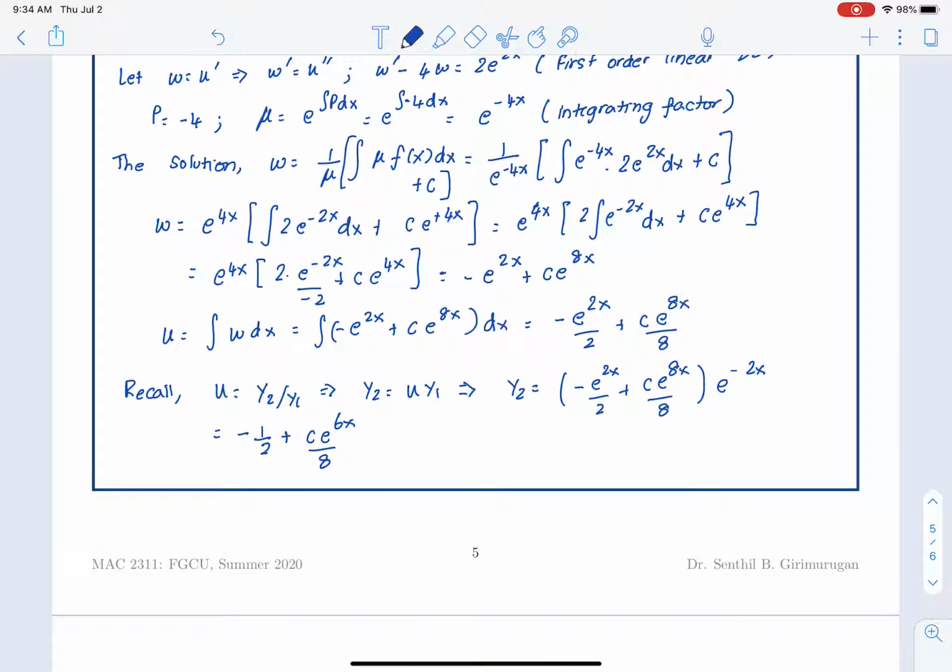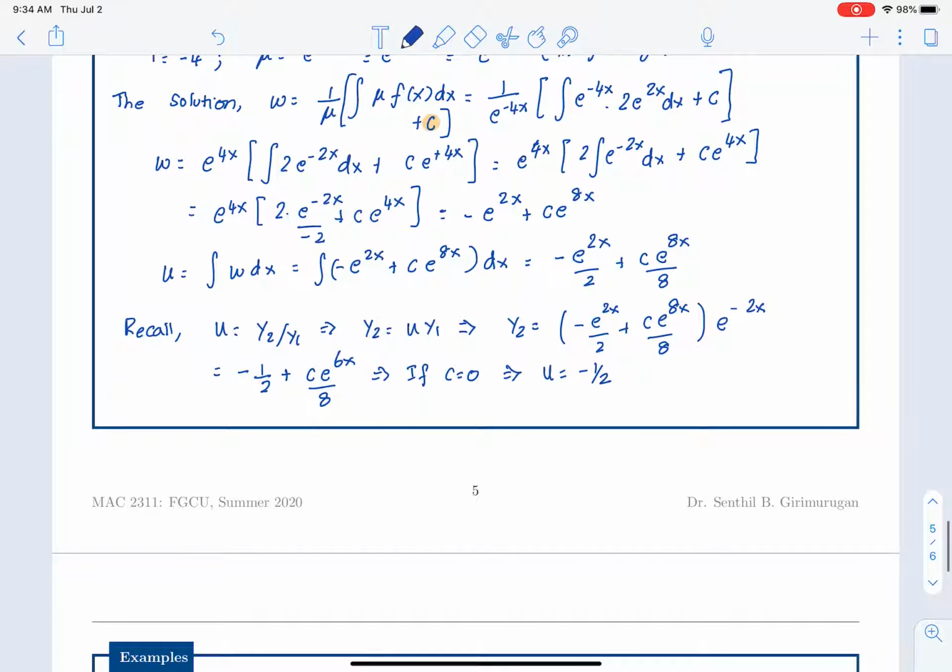And since we already have multiple constants, when we do the integrating factor over here, we could set this constant equal to 0. So if we set that equal to 0, we can do that here in reduction of order. So if c is 0, u would simply be equal to negative 1 over 2.